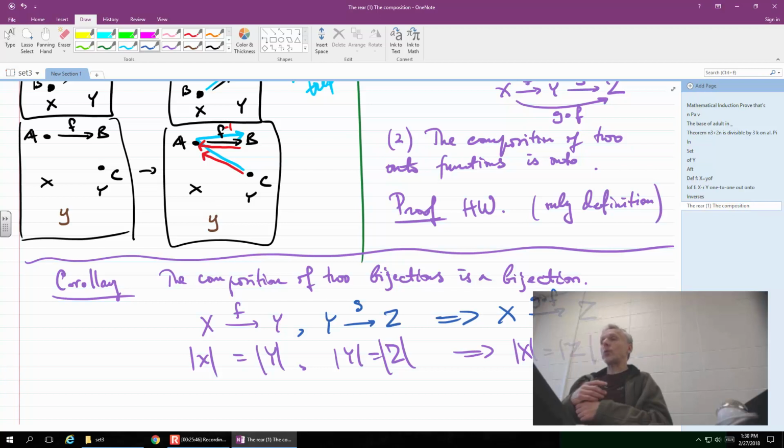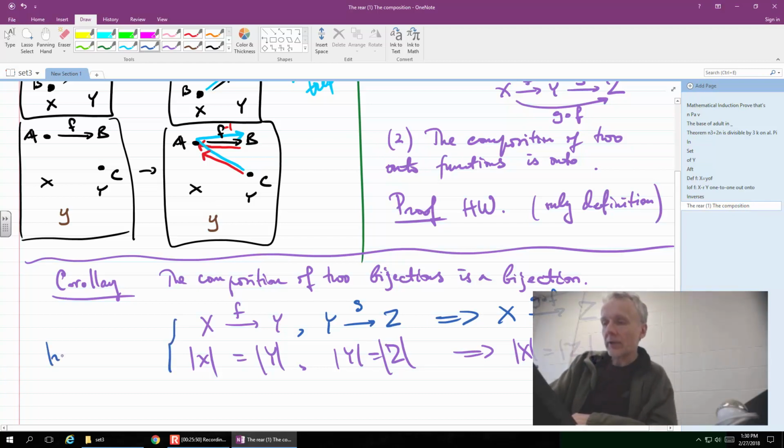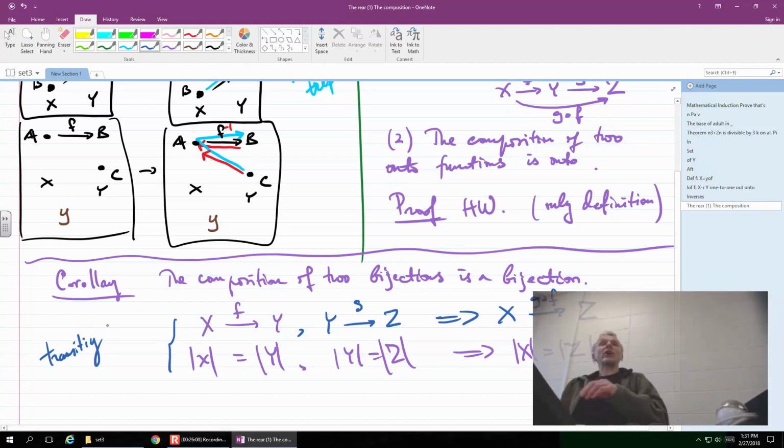So once you recognize that both of these are actually about transitivity, and so we prove transitivity, but transitivity of what? Of bijection as an equivalence relation. So, in other words, bijections create an equivalence relation on sets.